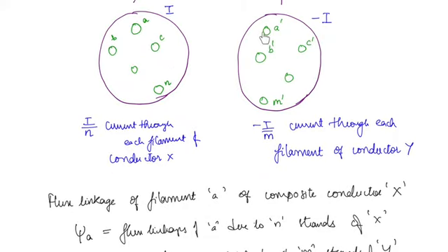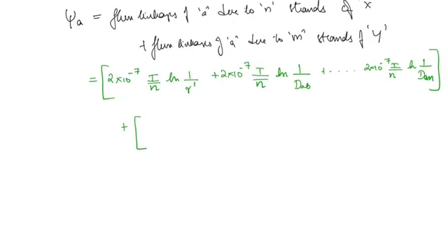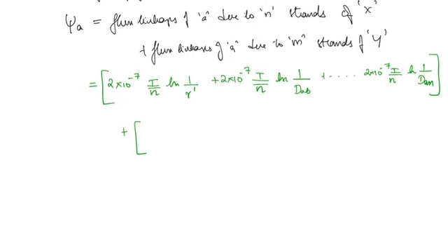First we will take the flux linkage of A due to A dash. Now what is the current flowing through A dash? It is minus I by M. So here you have 2 into 10 to the power minus 7 minus I by M ln 1 by DAA dash, the distance between A and A dash.